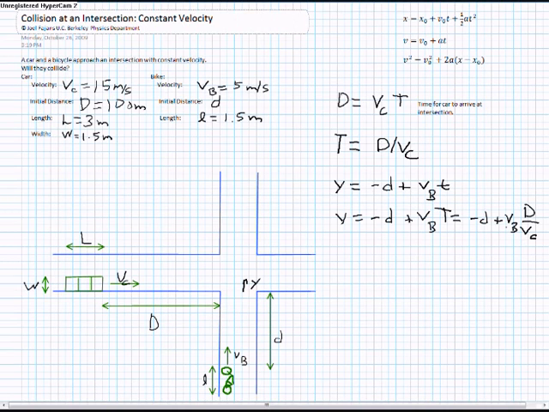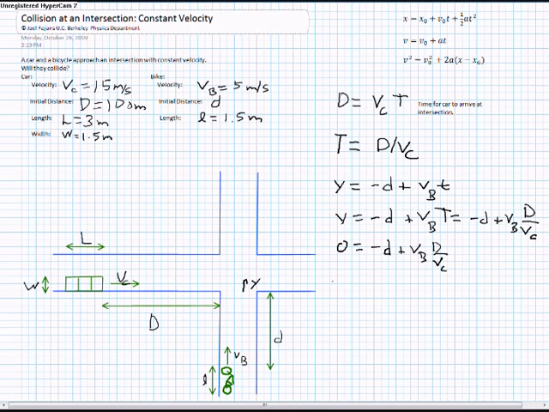Next, we can ask, well, is there going to be a collision? And there will be a collision if the front wheel of the bicycle has just cleared the curb over here. In other words, if the front wheel of the bicycle is at y is equal to 0, we'll have a collision. So we write down 0 is equal to minus d plus v bicycle times d divided by v car.